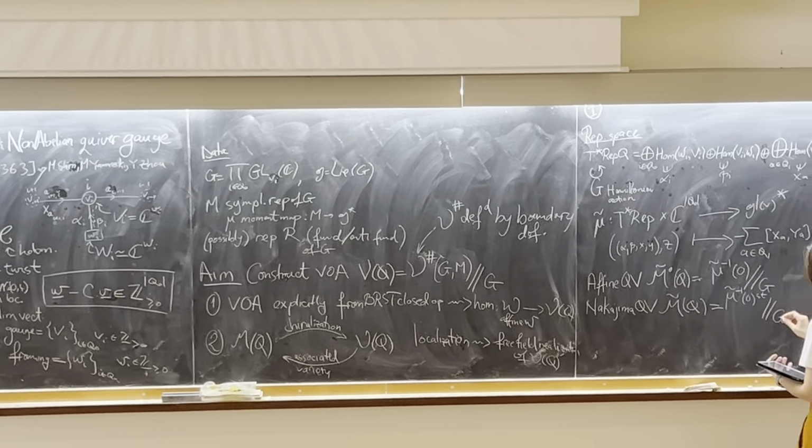What is important here is the classical geometry. The ring of functions on M of Q is parametrized by functions associated to paths which go between framing nodes.